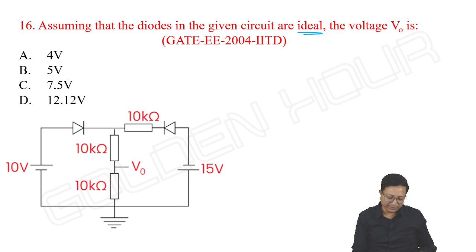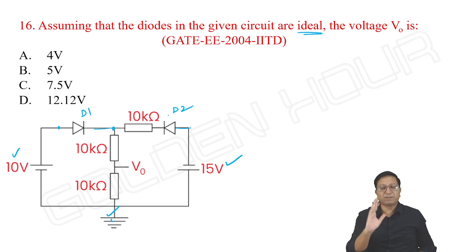If you observe this again, look at this diode. Let me assume this is D1 and this is D2. Anode of D1 is going to 10 volts and the cathode is going towards ground potential. And what about D2? Its anode is going towards minus 15 and cathode is going towards ground.